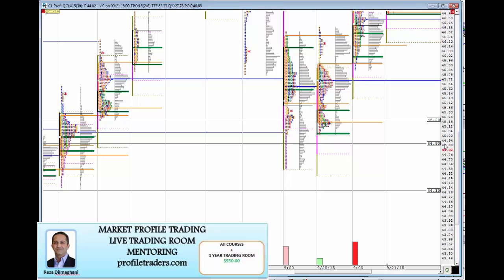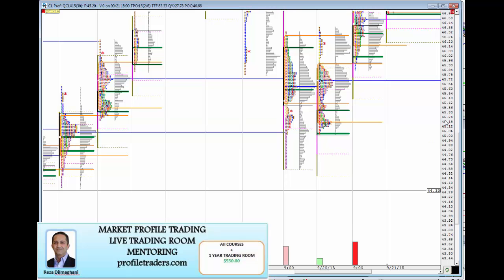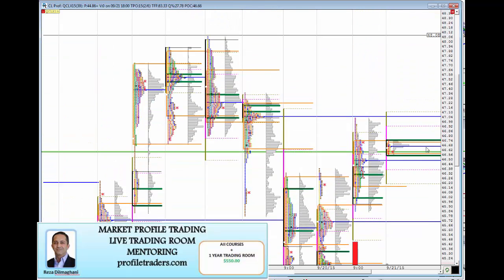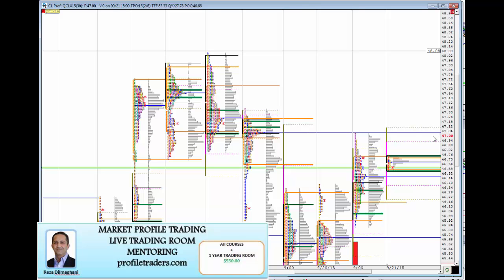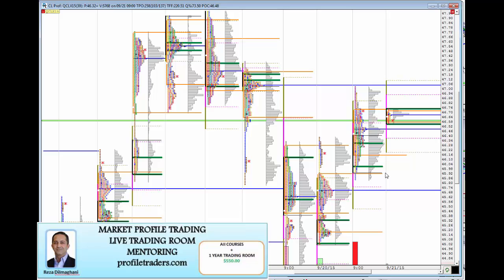And on the way down, if you really want to be objective about a breakdown, it has to be below 44. So a big trading range that is not containing price between 44 to 48. I know it's wide, but that's what it is.